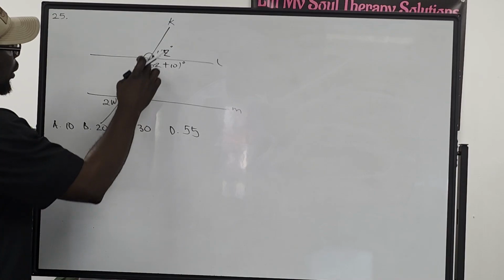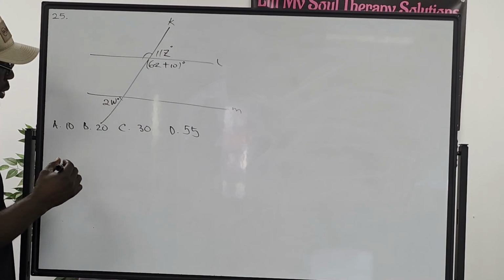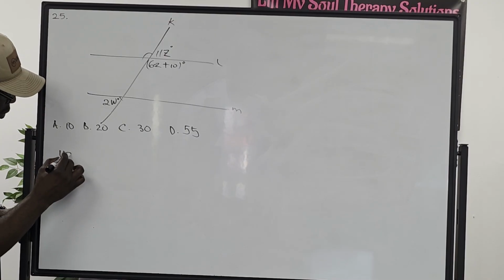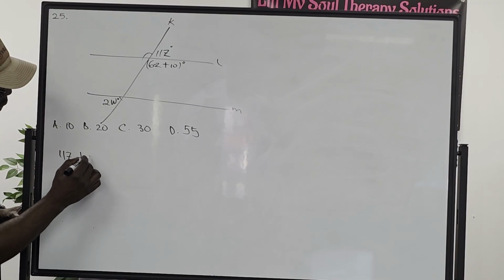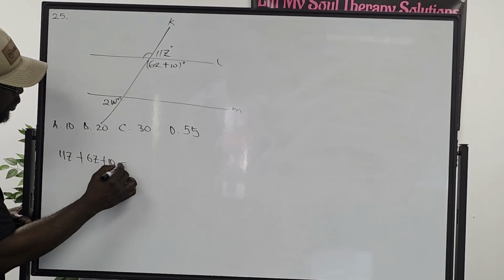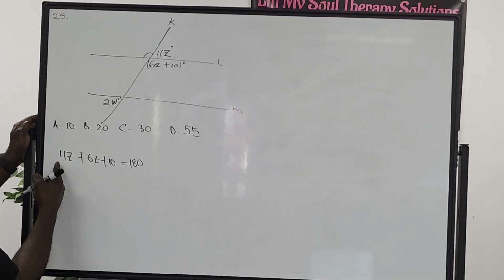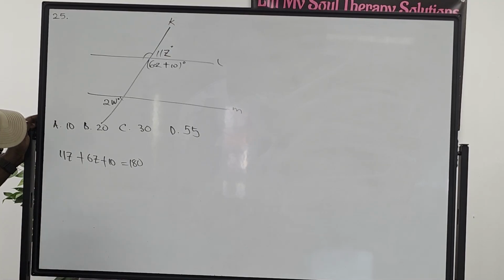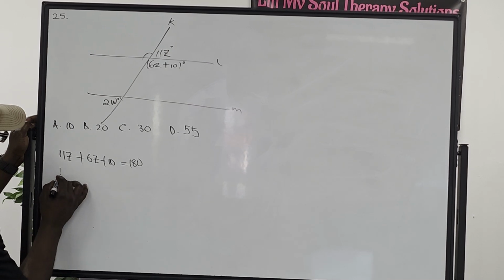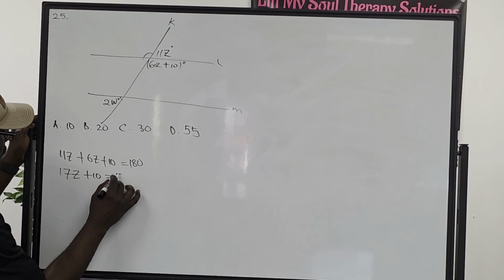value is. This is on a straight line, so we know that the total angle on a straight line is 180. So we know that 11Z plus 6Z plus 10 is equal to 180. So now 11Z plus 6Z gives us 17Z plus 10 is equal to 180.